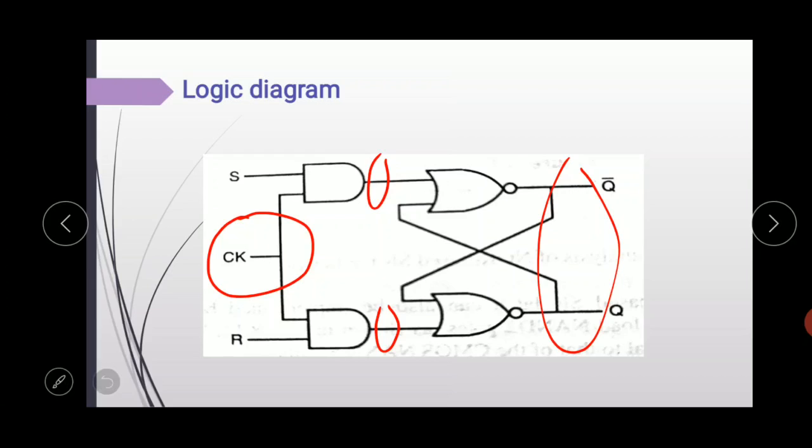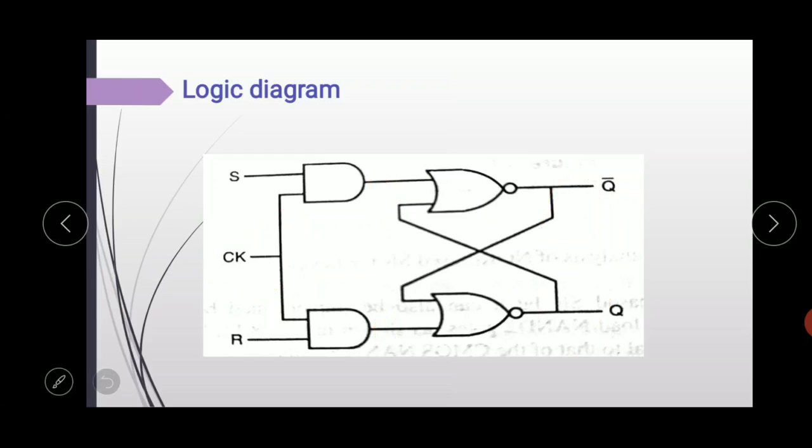But when the clock signal is 1, the AND gate allows the input to enter into the circuit, and as per that input signal we get our output.